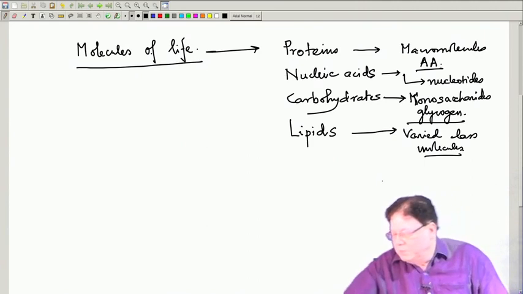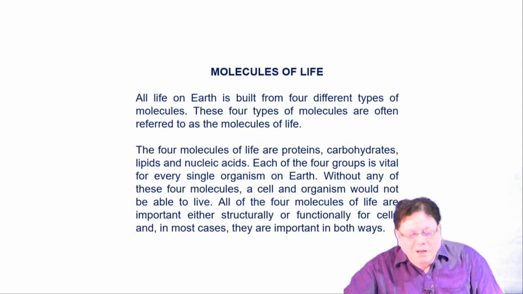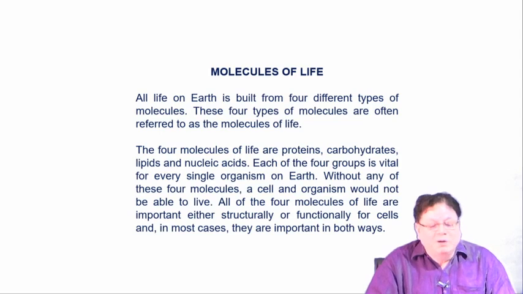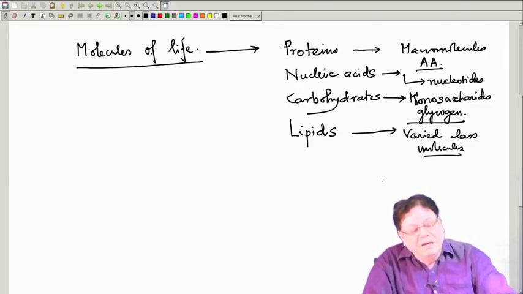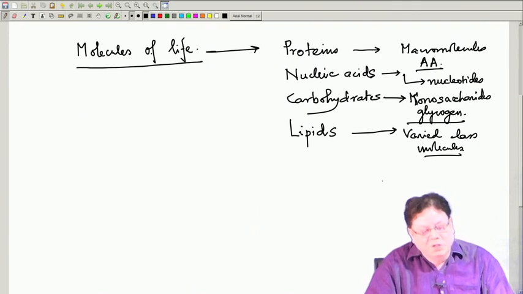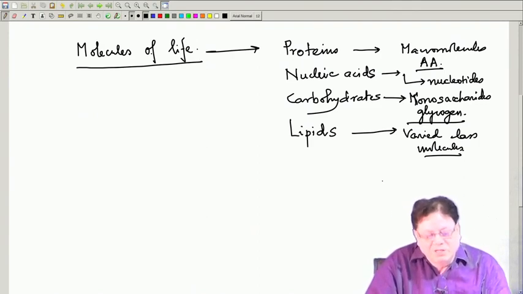I will show some structures of these molecules of life, but before that let me again point out that last time we said that in addition to these large molecules, there are some small molecules which are also essential for the survival of living organisms. Some are coenzymes, which are small molecules that assist the enzyme to perform its job, that means to catalyze the reactions.